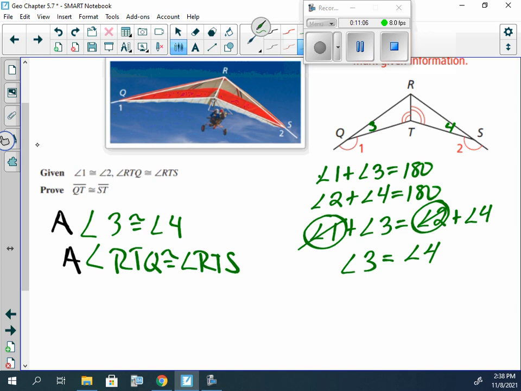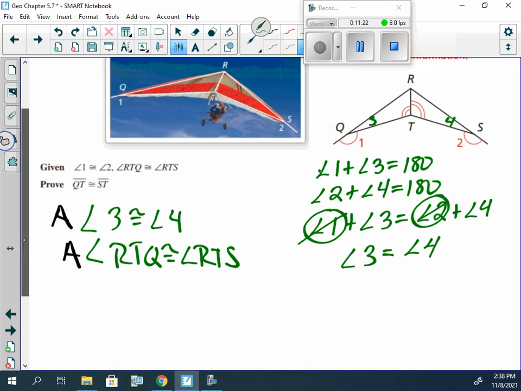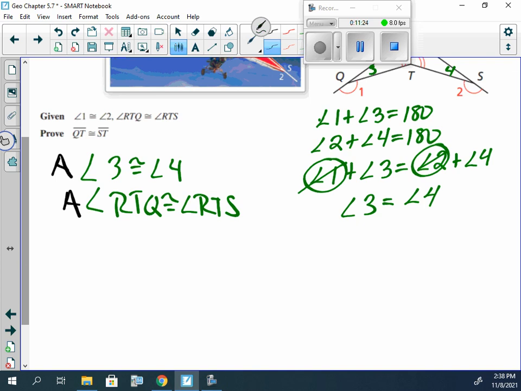Angle, angle, angle is one of the ways that does not work. So what we really need is a side. We need a side length, yes? Are there any side lengths in this figure that are congruent? The middle, RT is congruent to itself, yes? Exactly. So the other piece that we have is the side length RT, which is going to be congruent to side length RT.